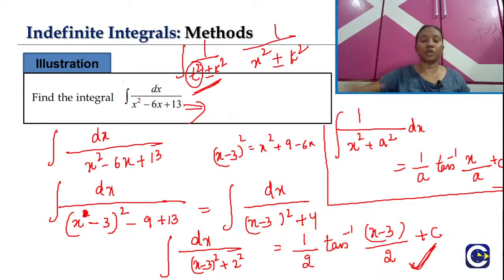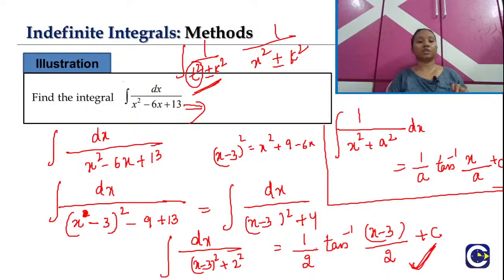Right. So I hope you guys got the idea of our integration of rational functions. In this, we have seen two typical types. The first type is where we can factorize the denominator of the rational function, and the second type where we cannot factorize the denominator of the given rational function.